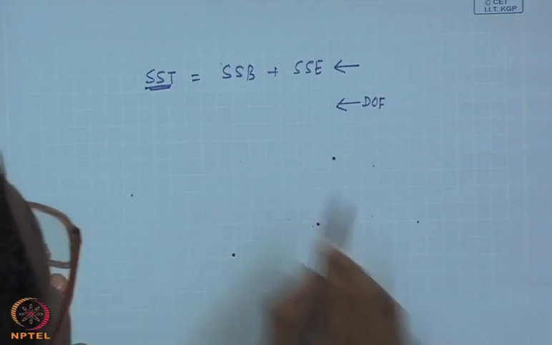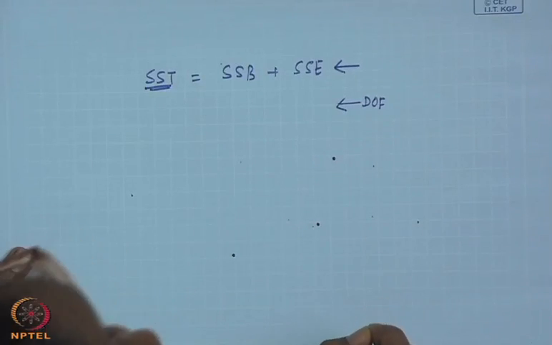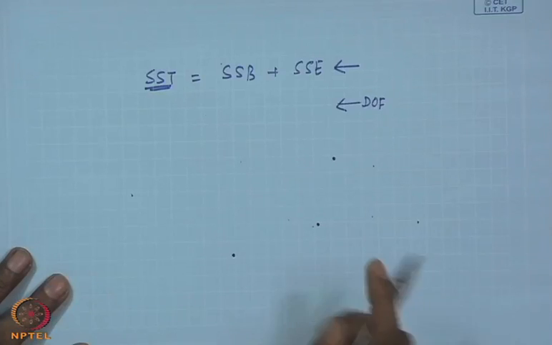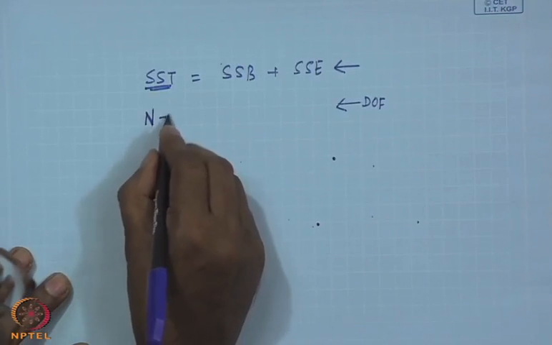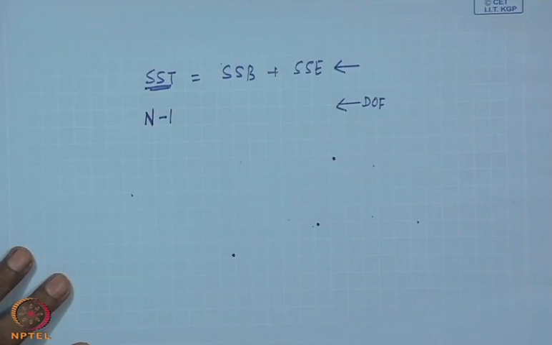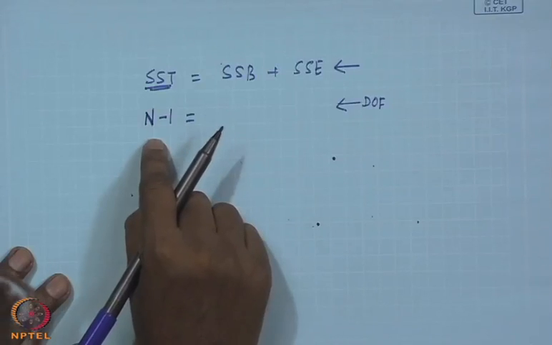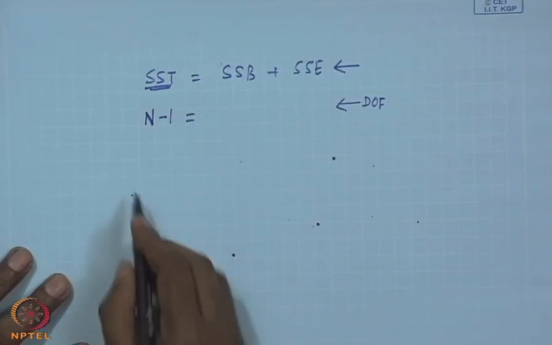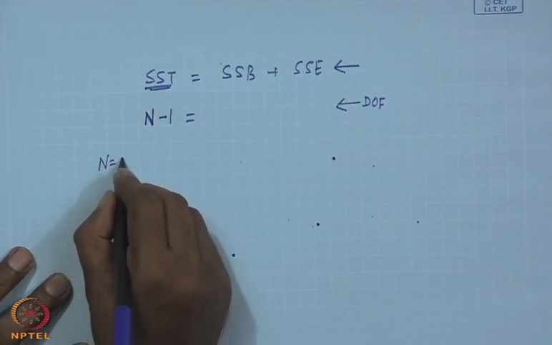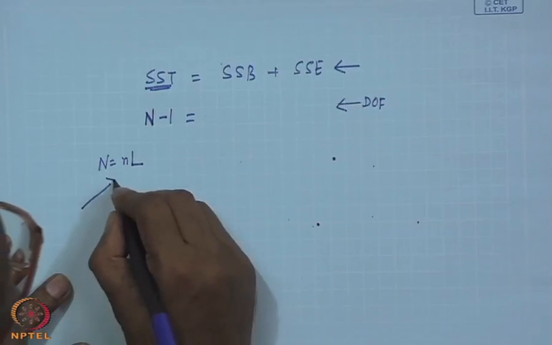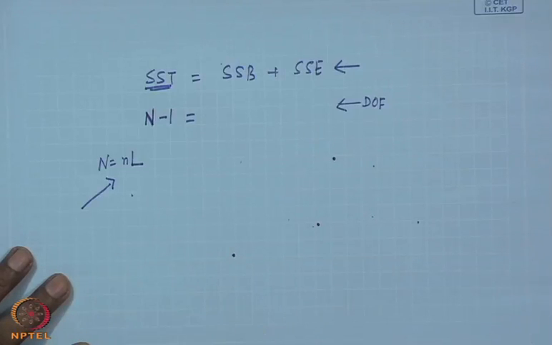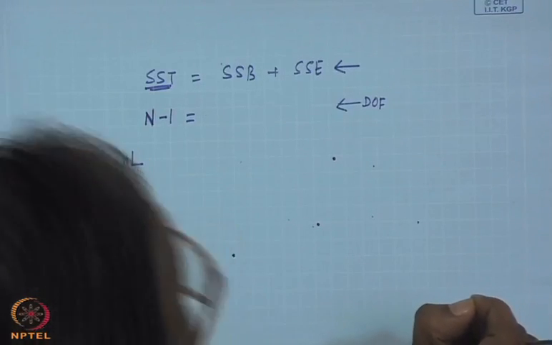So, when we compute SST, what do we require basically? We require X bar. There are a total of n observations, and we have sacrificed 1 to calculate this X bar. So, the degree of freedom for SST is capital N minus 1, where capital N is n into L when you sample from L populations and the sample size is equal.